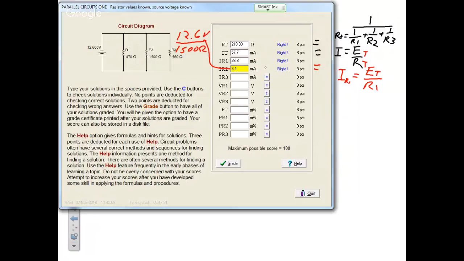On this last one, let's do something different, because we're going to use Kirchhoff's law, and we only have three values. Let's try Kirchhoff's law on this last one, just to prove a point. We're kind of double checking our answers, right? Because if we didn't do one of these calculations correctly, these values wouldn't equal IT.